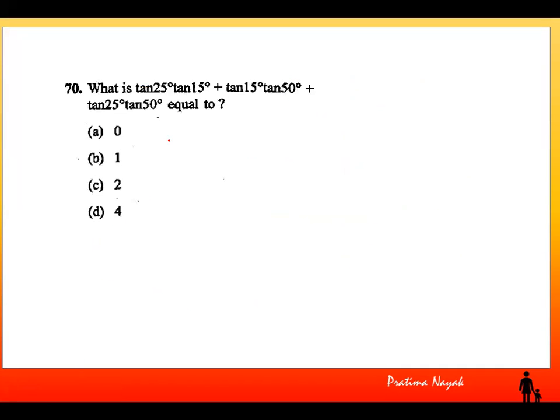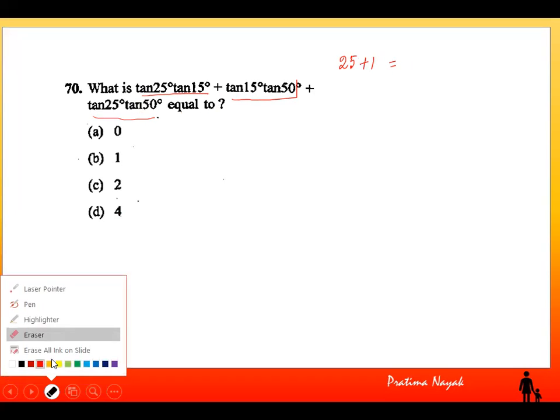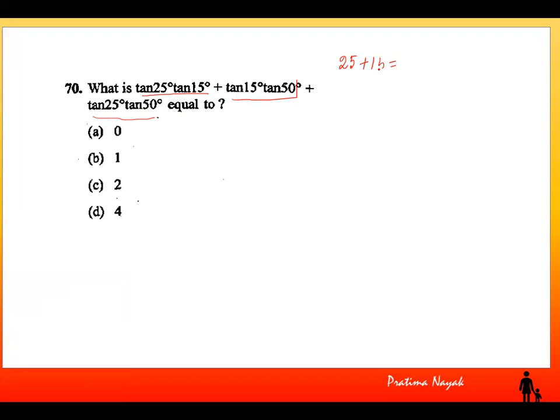Next is the last question. What is the value of tan 25 tan 15 plus tan 15 tan 50 plus tan 25 tan 50 equal to? So let us make a relation. 25 plus 10, is it 50? No, it's not 10, it is 15 degrees. That is equal to 40 degrees, not 50 degrees.